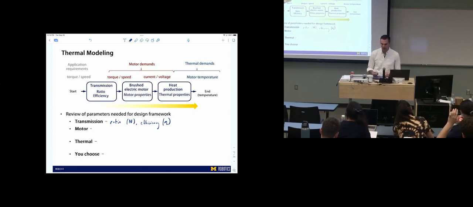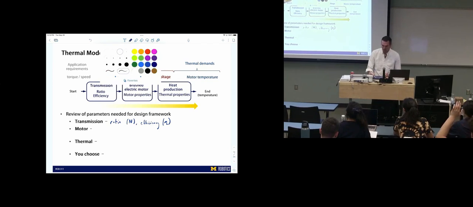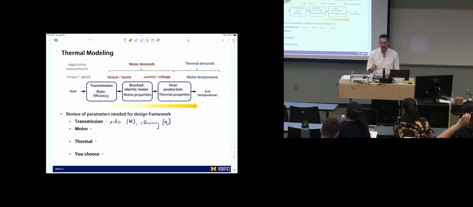How about for the motor, what do you need? Current and voltage. You do. You need, so I'll come to that. But what are the parameters that define the motor? Inertia. Torque is in there, but I'm gonna say, inertia.